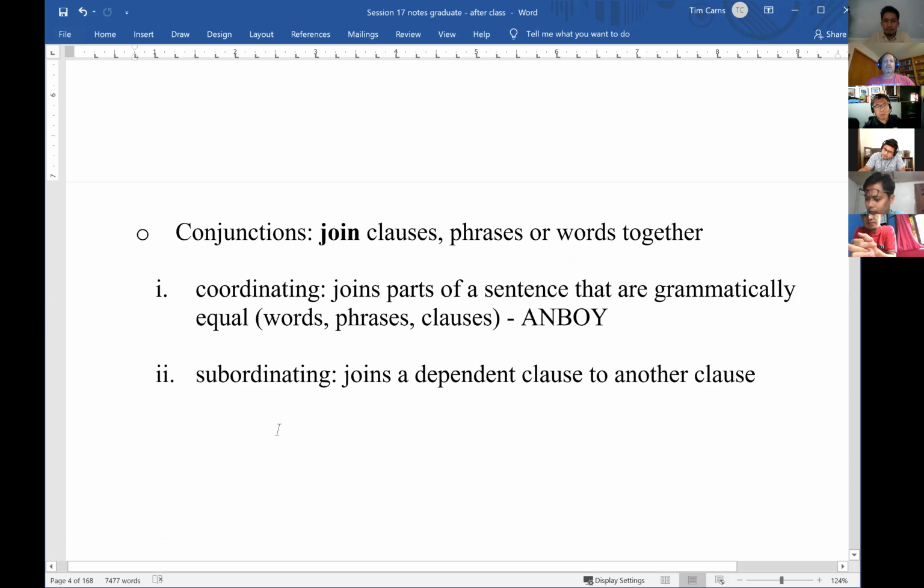And they join clauses, phrases, or words together. And we've discussed the two types. The coordinating, which joins parts of a sentence that are grammatically equal, whether they be two independent clauses, two dependent clauses, two words, two phrases. They coordinate, and we remember those coordinating conjunctions.